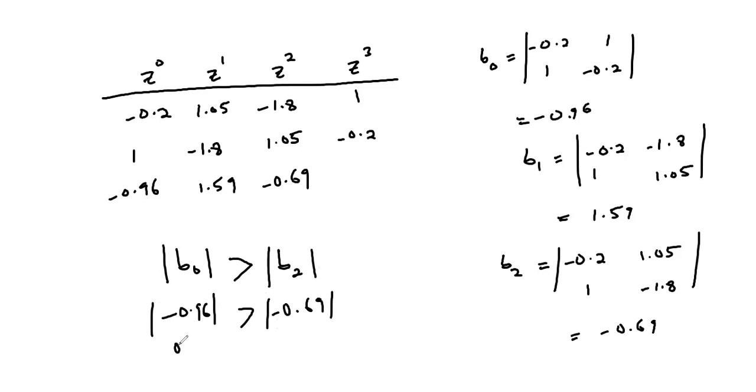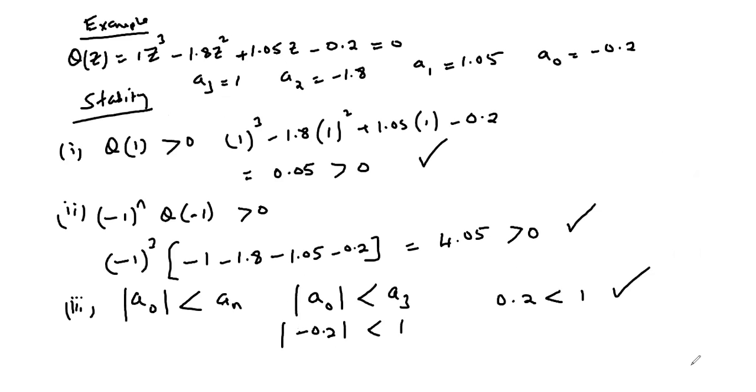And we observe that 0.96 is greater than 0.69, and therefore the fourth condition is met, and the system is said to be stable. Since all the four conditions are met, the system is said to be stable, and that is the jury's stability test as it applies to discrete time systems. Otherwise, that is the end of my presentation, and thank you for watching this video.